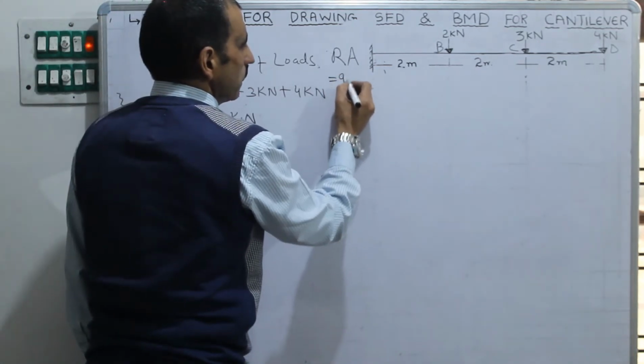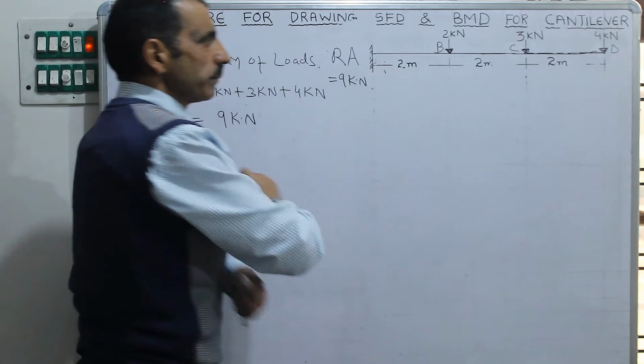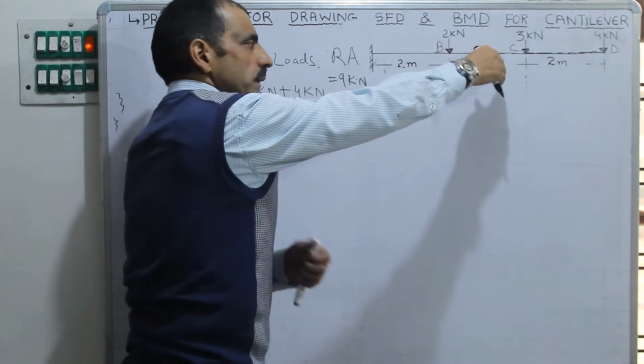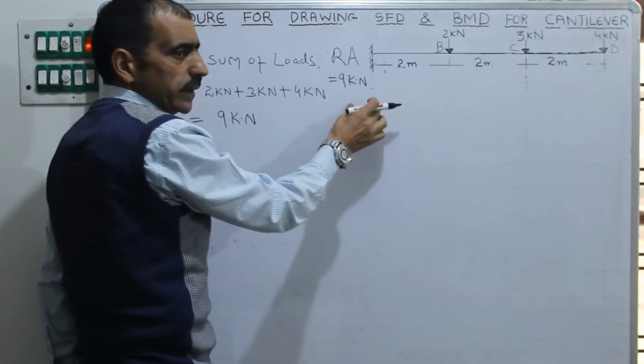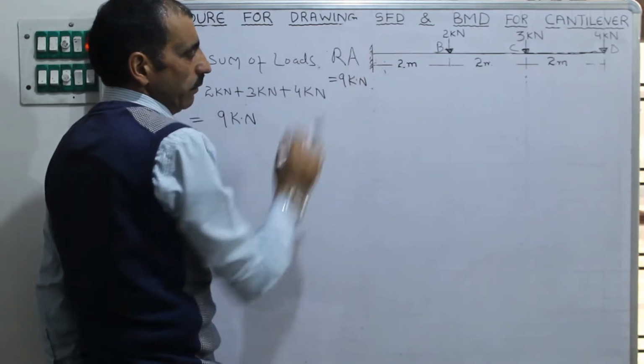That means this is 9 kilonewton. These are the forces; their direction is downward, and the direction of the reaction here will be upwards.